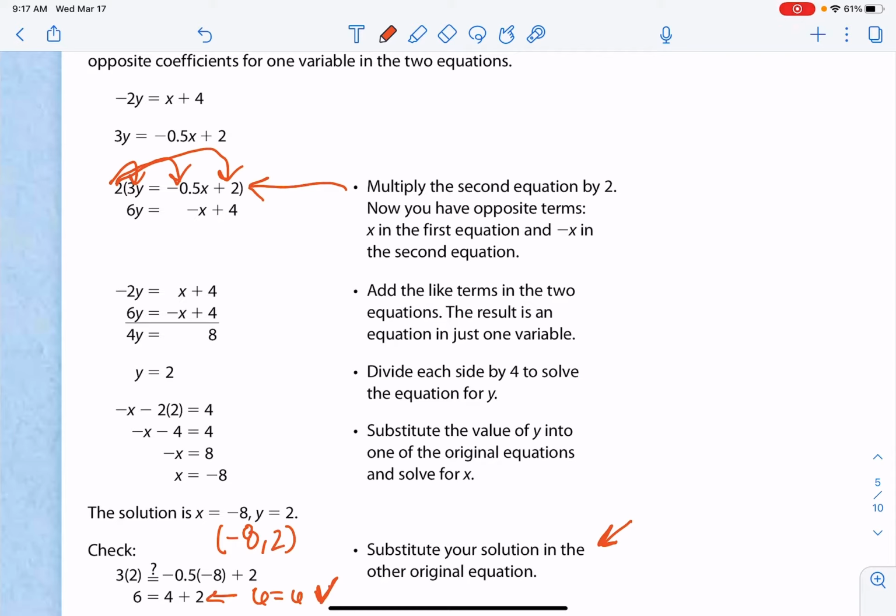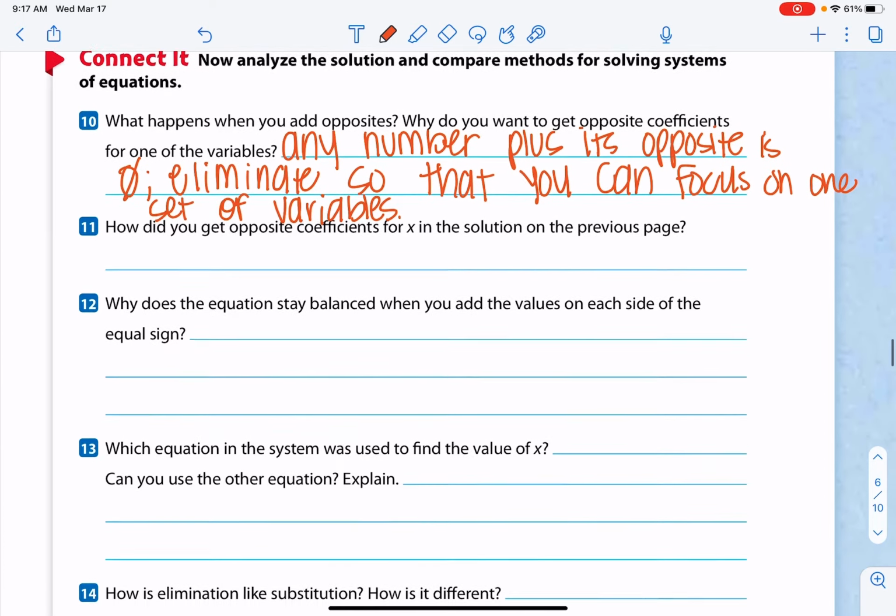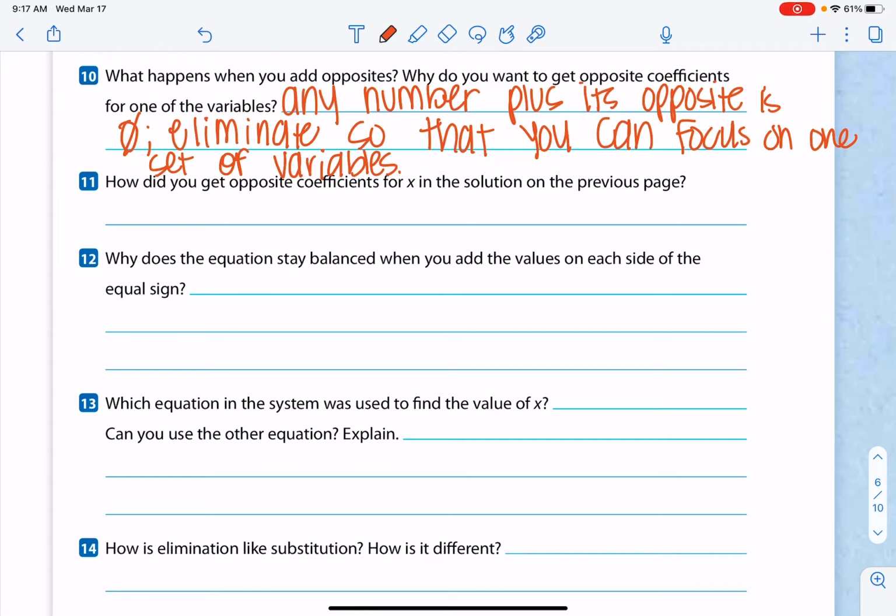All right, great. So then it said, how did you get it? They multiplied by 2. And you multiply all terms by 2.